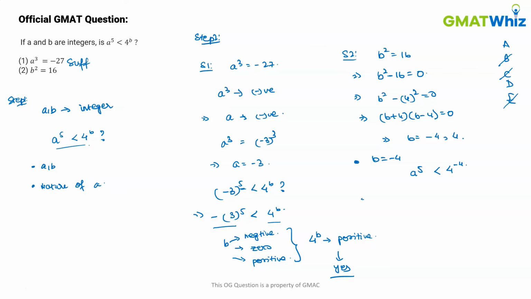Now even if I check for the other one, b equals 4, I will still have a to the power 5 less than 4 to the power 4, with the same reasons. We can answer the question with a definite yes, and we can answer the question with a definite no. So two different cases.